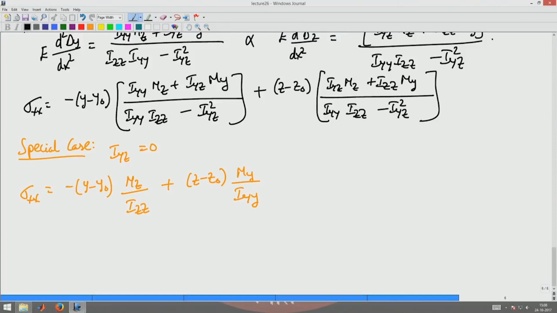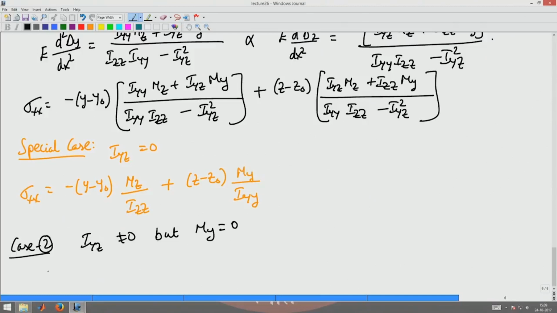The second special case that we are going to consider is when there is moment only along one direction. Case 2: Iyz is not equal to 0, but My is 0. I applied moment along only one direction, but I did not apply it about the principal direction.